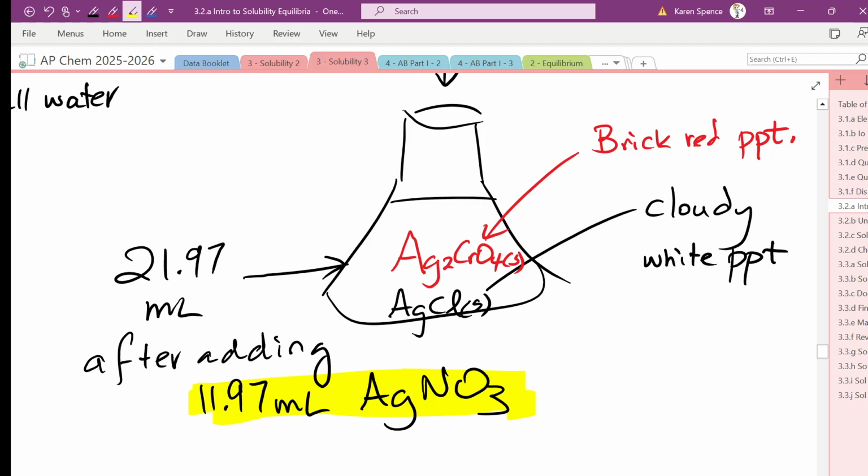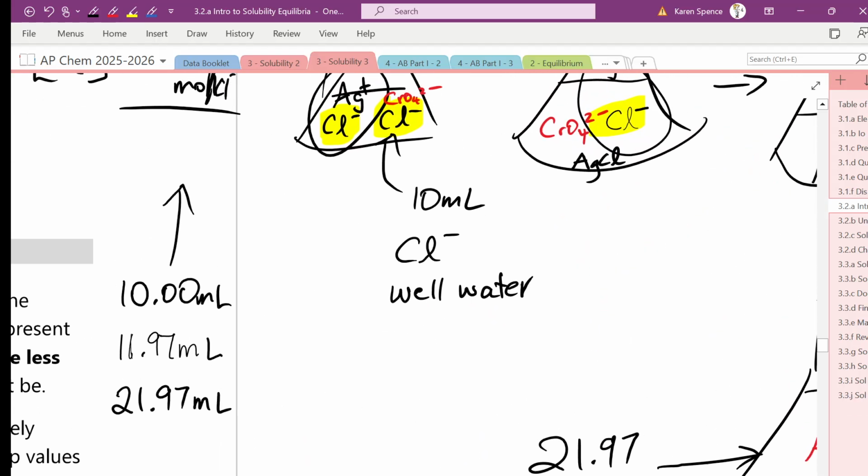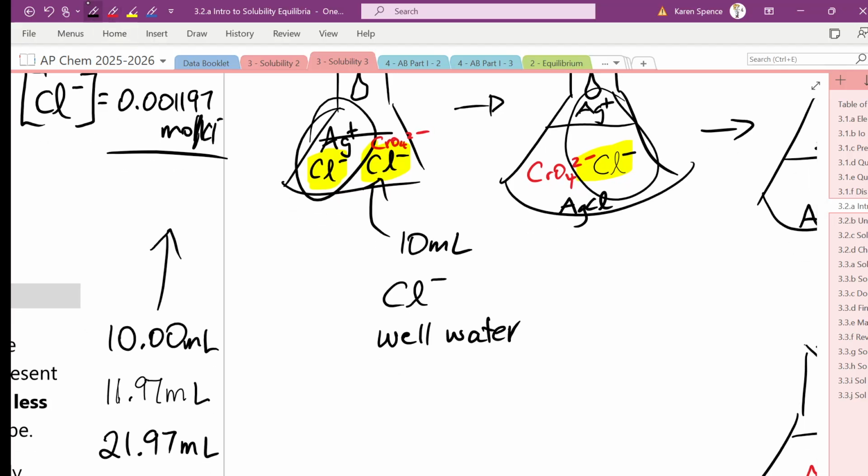No chloride. So what is the concentration of chloride in the 21.97 combined volume of the two solutions? 0. We don't want to know the concentration of chloride after it has been reacted because there should be nothing left. We want to know what was the concentration of chloride in the well water.